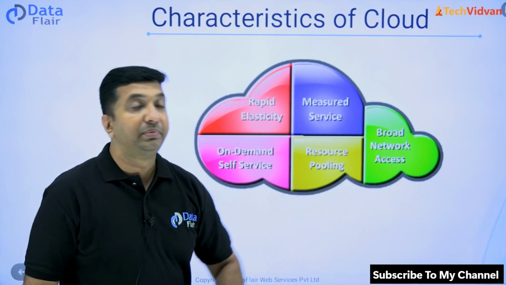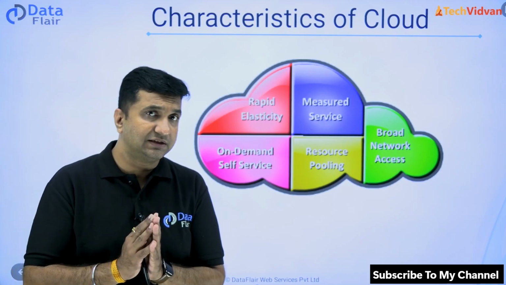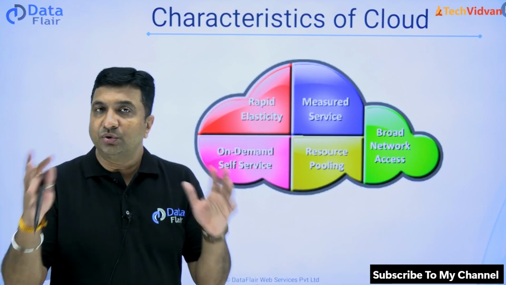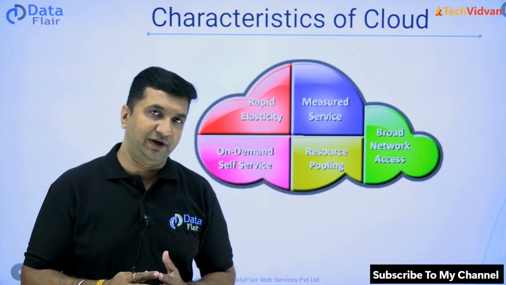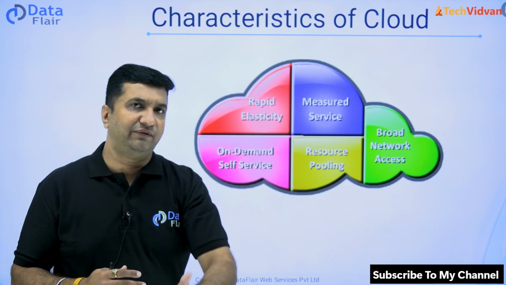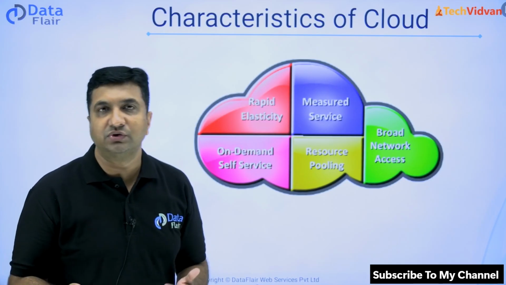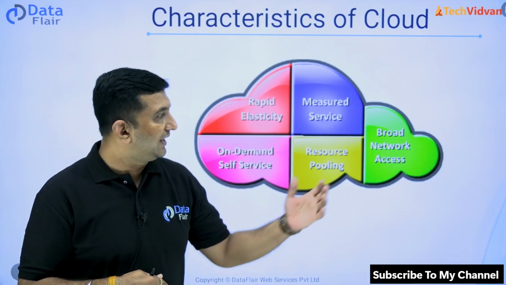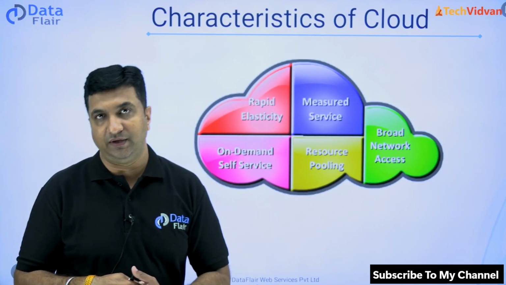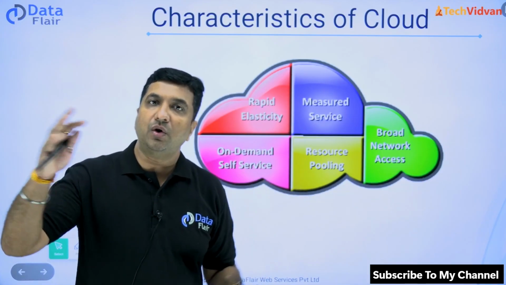Then last, broad network access. When you talk about broad network access, you can clearly understand that the resources provided by the cloud service provider can be accessed from anywhere. It may be your mobile phone, it may be your laptop, it may be any device which supports internet connectivity, which can leverage the resources provided by cloud computing. And it is global, right? It is on demand on the internet.